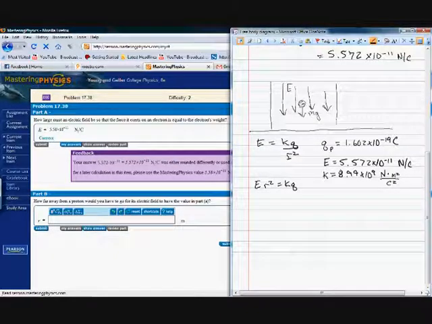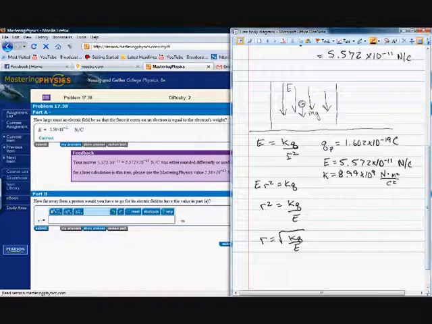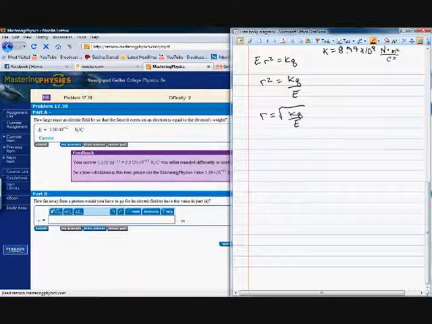So if we solve for r squared, we get that E r squared is equal to kQ, r squared is equal to kQ over E, therefore r is the square root of the quantity kQ over E. Now we plug in some numbers here.